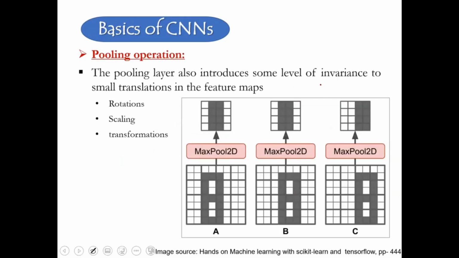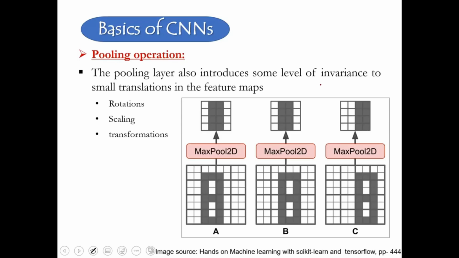The pooling operation, apart from reducing the size, will also introduce some level of invariance to small translation. That is the translation invariance.